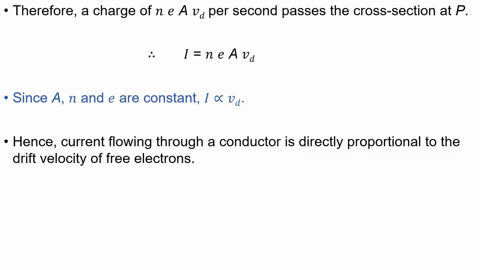Therefore, a charge of neAVd per second passes the cross-section at P. Therefore, I equals neAVd. Since A, n, and e are constant, I is directly proportional to Vd. Hence, current flowing through a conductor is directly proportional to the drift velocity of free electrons.